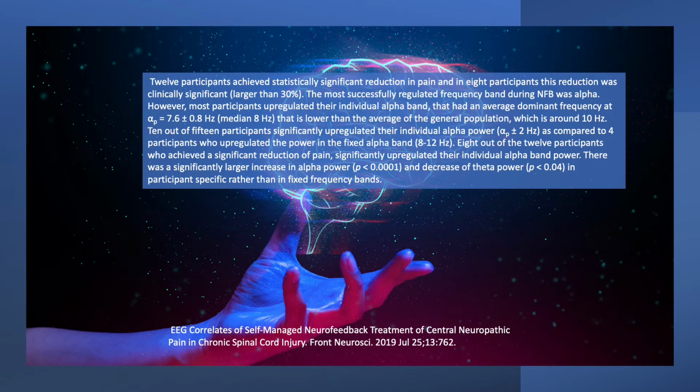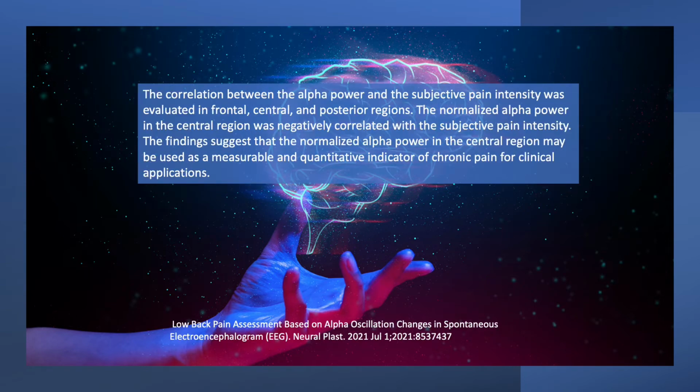This study, published in Frontiers of Neuroscience, 2019, showed a correlation between 10 Hz alpha band brain oscillations and pain intensity. From the journal Neuroplasticity, published in 2021, the researchers demonstrated the relationship between alpha band oscillation and chronic pain perception.